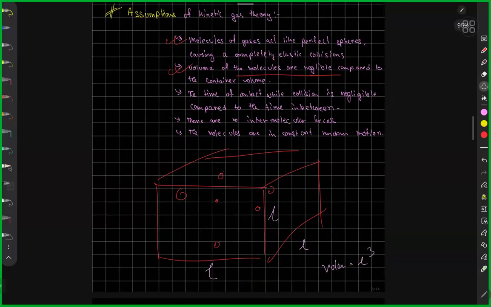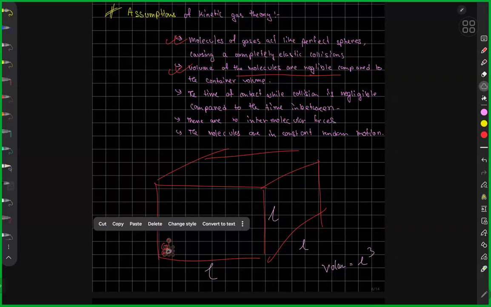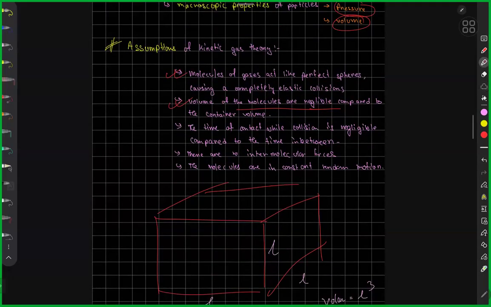If I put all the atoms together, they will simply occupy a small corner of the box. This is how small the atoms should be. So my assumption over here is very important.